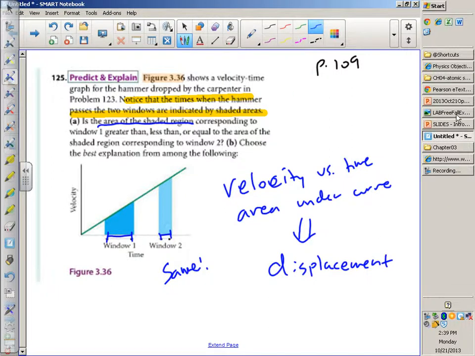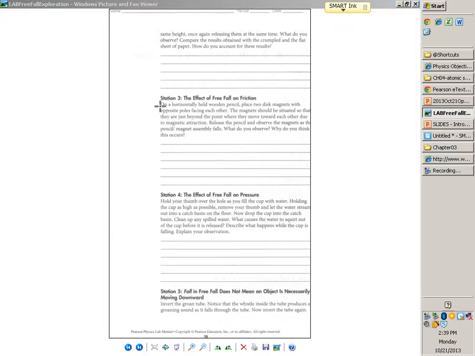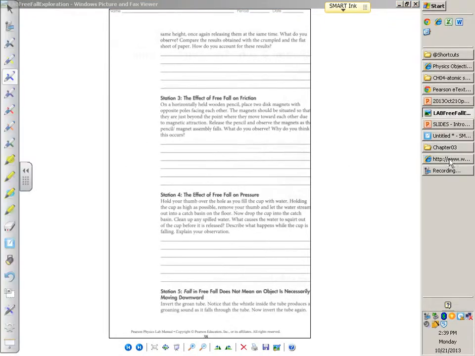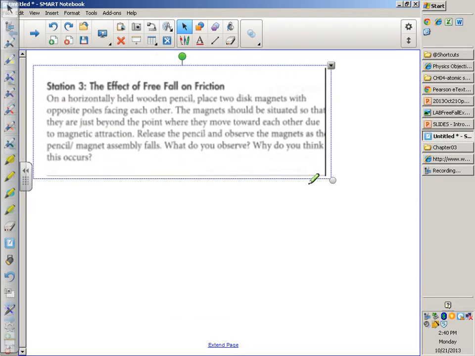Okay. Next thing I want to do for you is do a couple of demonstrations. So the first demonstration is called the effect of free fall on friction. All right. Here in my hand, I have two bar magnets, okay?